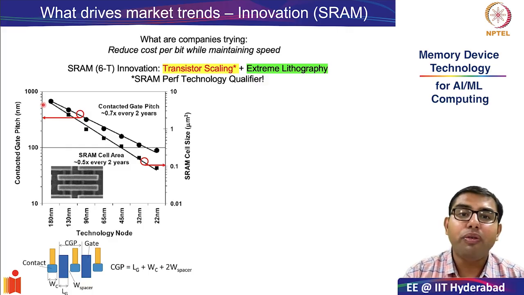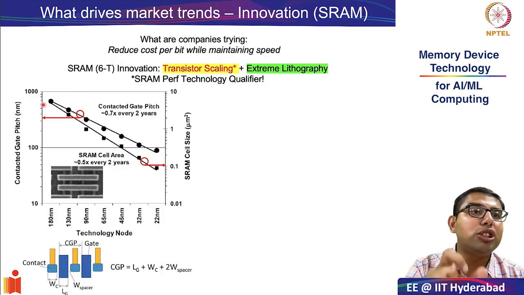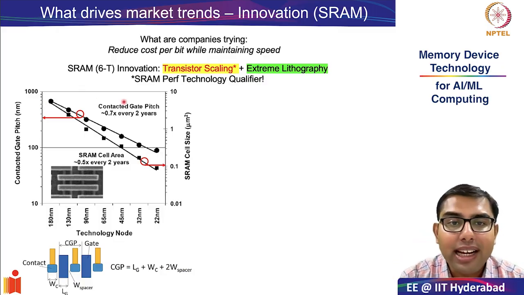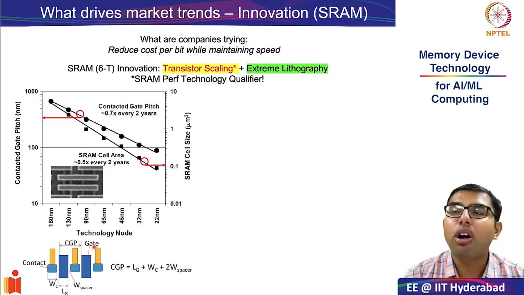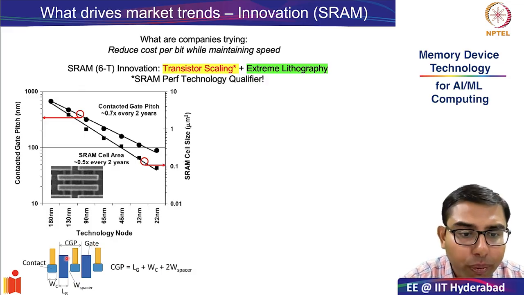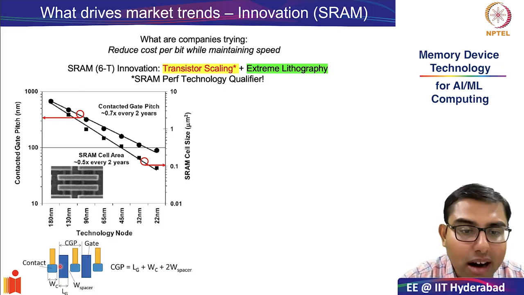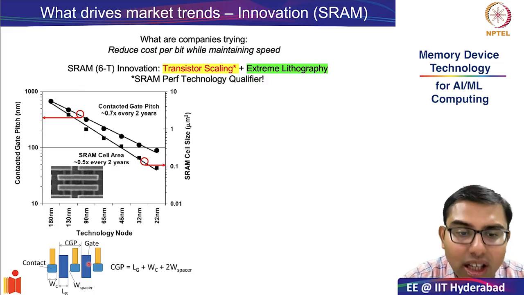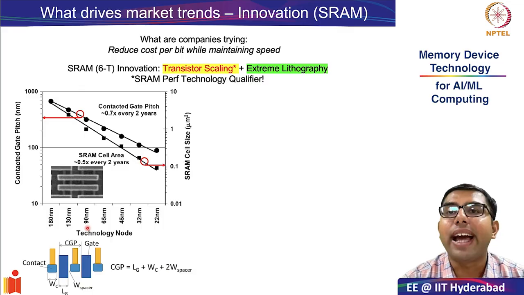To understand this, we need to be familiar with the parameter that is being scaled in the transistor technology. It is called the contacted gate pitch. So what is the contacted gate pitch? The contacted gate pitch is the gap between the starting of the gate finger of one transistor and the next neighboring transistor, as you can see from this particular diagram.